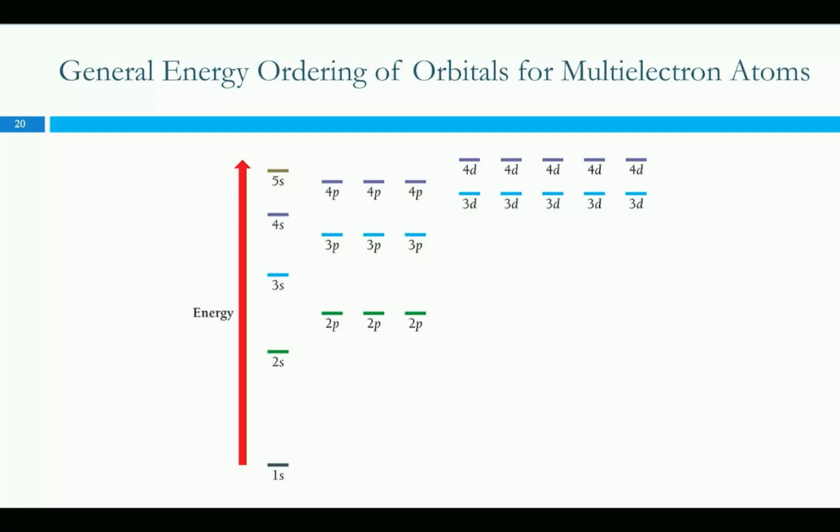Now, why is there a difference between 2s and 2p? For any multi-electron atom, the 2p orbitals are going to be higher than the 2s. Just saying that they're in the n equals 2 energy level, we might expect that they're going to be the same energy.